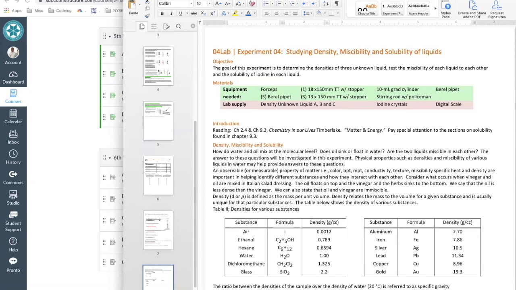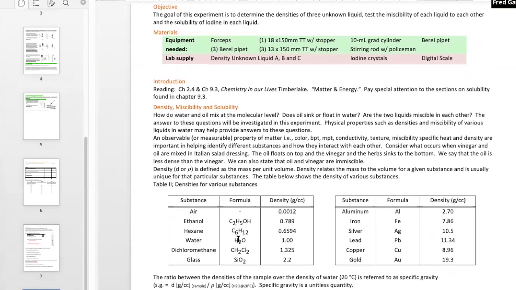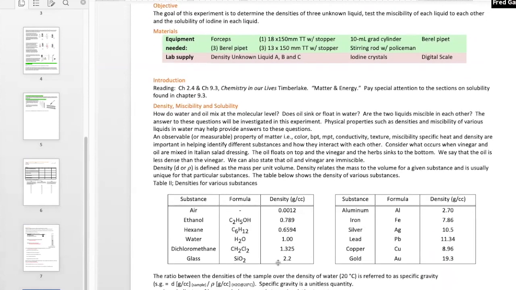If you take a look at these, these are typical substances and their density. Whenever a substance has a density greater than 1, then it's generally going to sink or be in the bottom if you have an aqueous medium, that is if you have water, and it will generally be on top if it's less dense than the water.